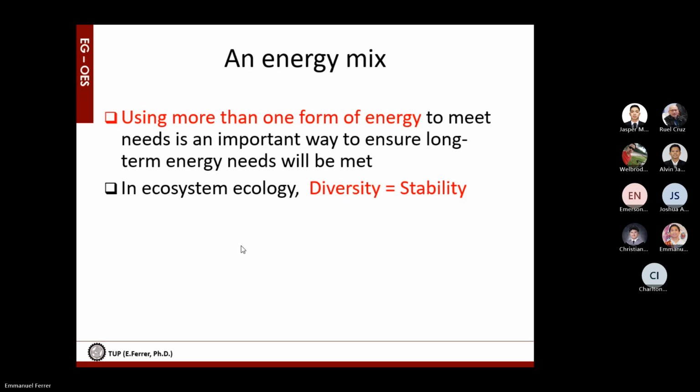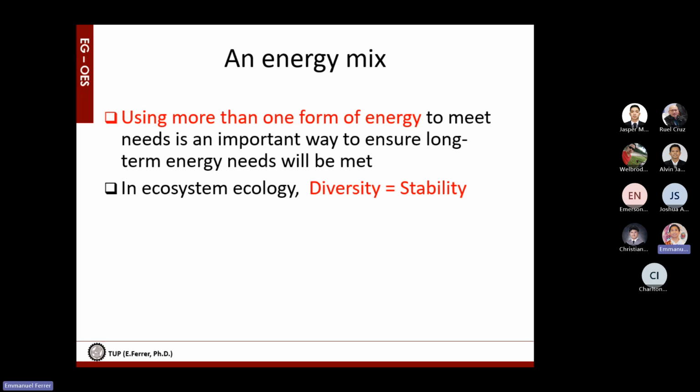What else? In ecosystem ecology, diversity is equal to stability. You should not rely on one technology. You need backup, you need to include the other sources of energy that you have. For example, we cannot rely only on fossil fuels, on coal, on fuel oil, or any fossil fuel-based sources of energy.